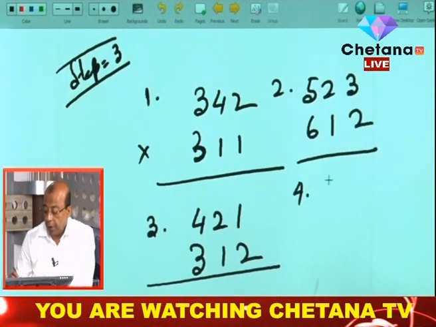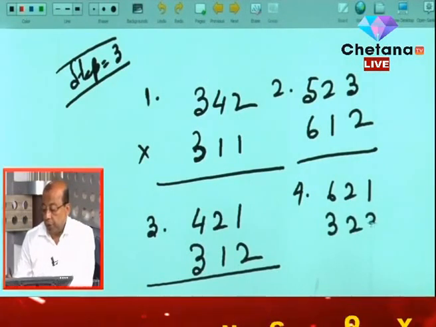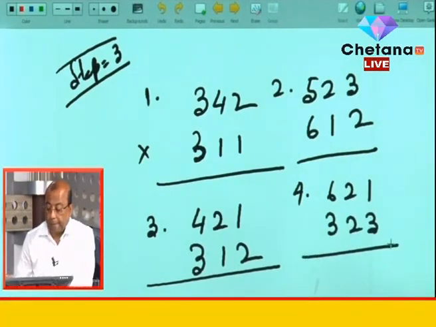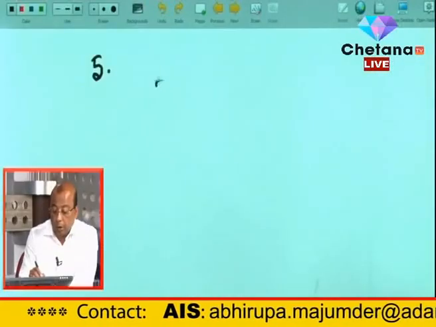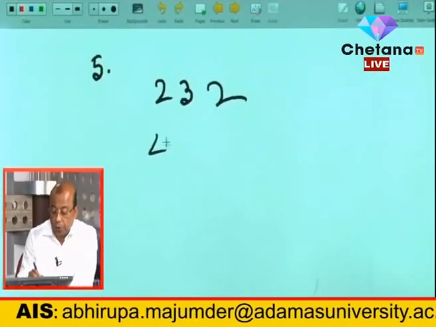Problem number 4, 621 times 323. And problem number 5, 232 times 431.